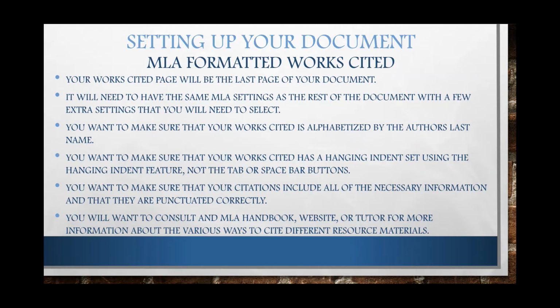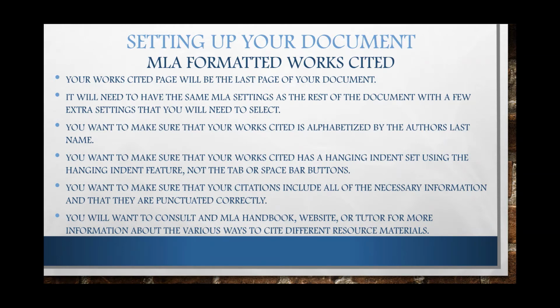You will want to make sure that your works cited page is alphabetized by the author's last name or the first word of the source if there is no author. You want to make sure that your works cited has a hanging indent that is set by using the hanging indent function, not the tab or spacebar buttons. You also want to make sure that your citations include all of the necessary information and that they are punctuated correctly.